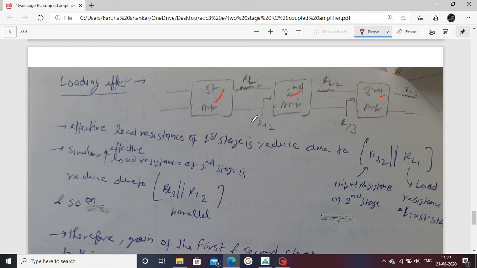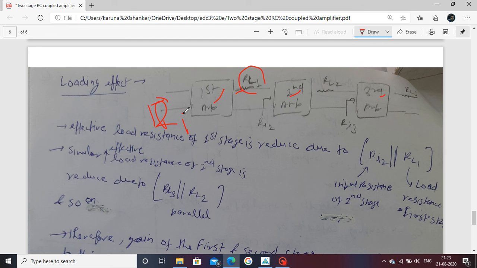If we look from the input side, this is called the input impedance, the input resistance, and the output side is called the output resistance. The output resistance is taken as a load resistance. This shows RL1, the load resistance of the first stage.